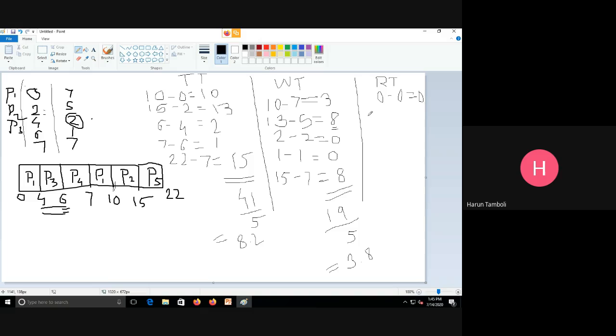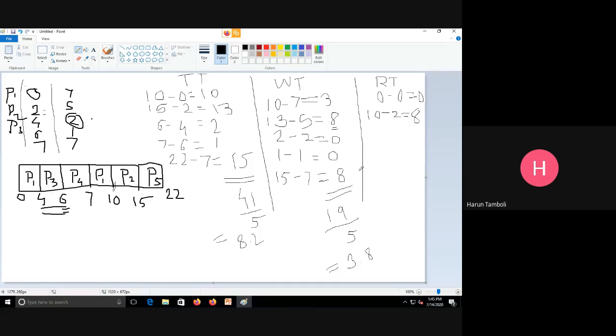Similarly for P2, it first got it at 10 seconds, so 10 minus arrival time 2, so response time is 8.